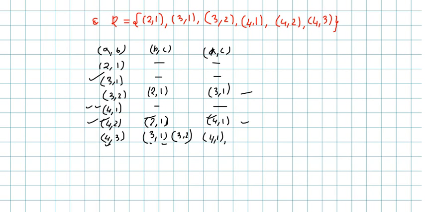So you can see, all ordered pairs that are present must follow the transitive relation condition. If they follow, then that relation is transitive.